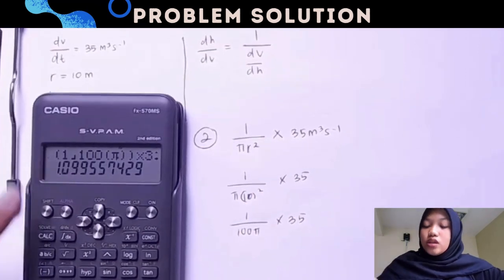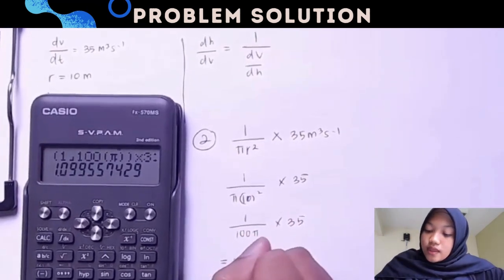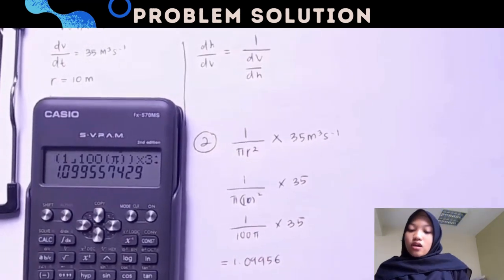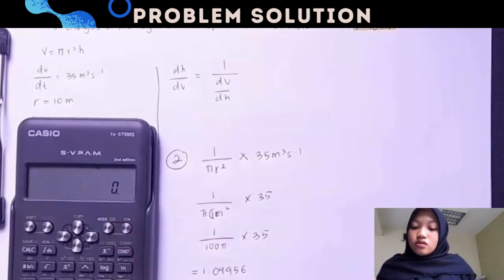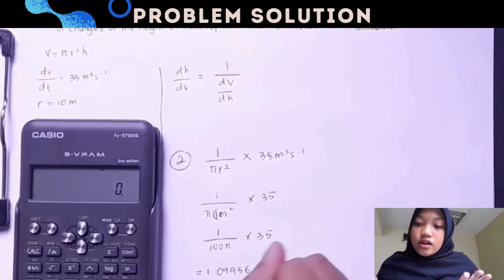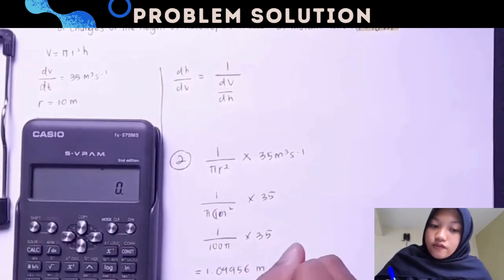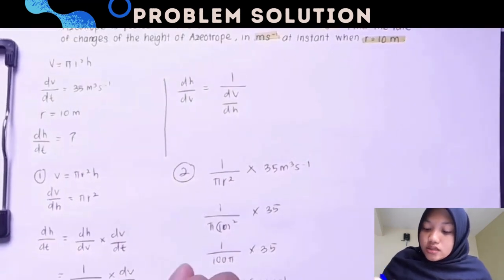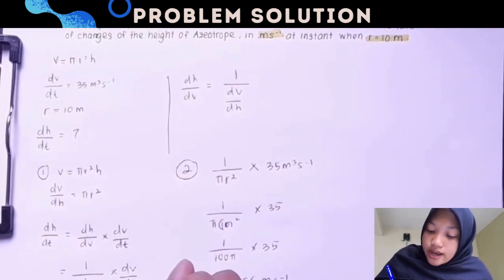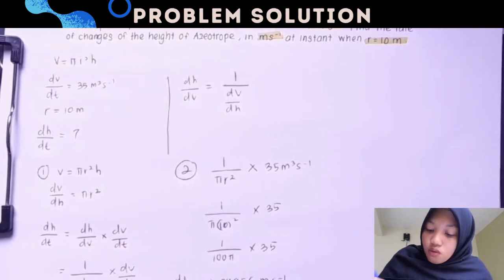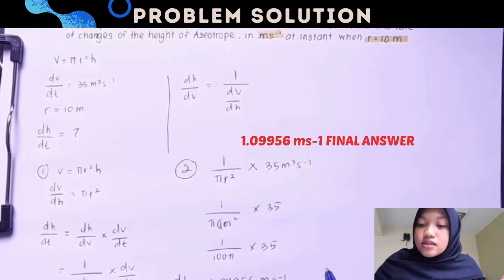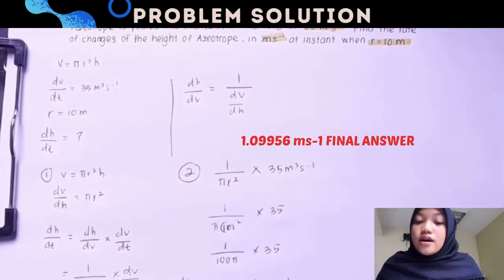Don't forget to put the unit, which is meter per second. Okay. The conclusion is that the rate of change of the height of azeotrope is 0.09956 meter per second. So this is the final answer for the rate of change of the height of azeotrope.